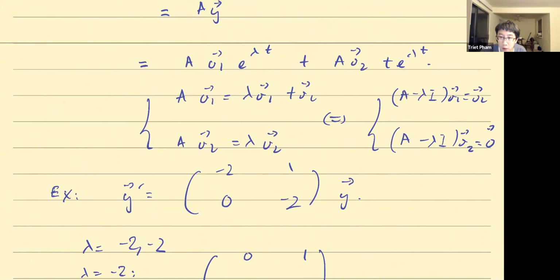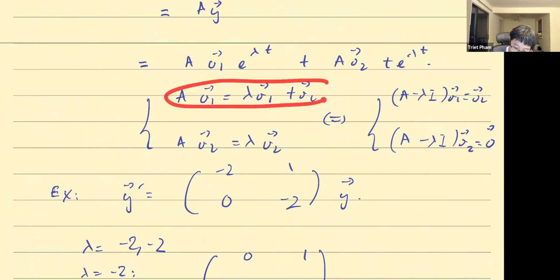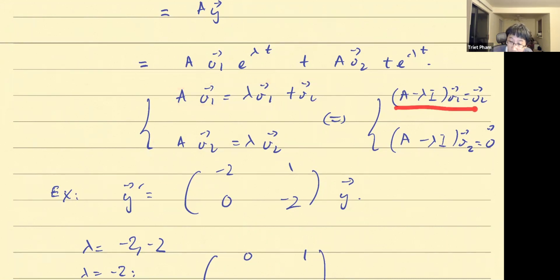What example are you referring to, Ron? This current one? This equation right here? Why do I not get V2 equal to 0 if AV1 is equal to lambda V1?